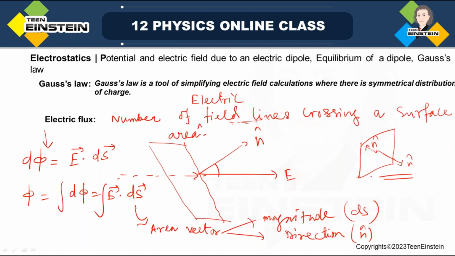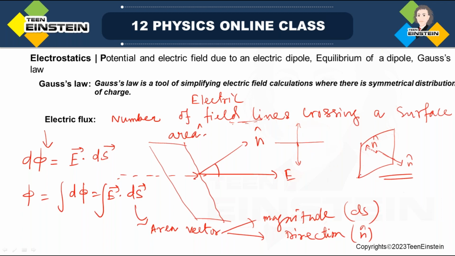It doesn't matter. That is the direction of the area vector, called the normal to the surface.